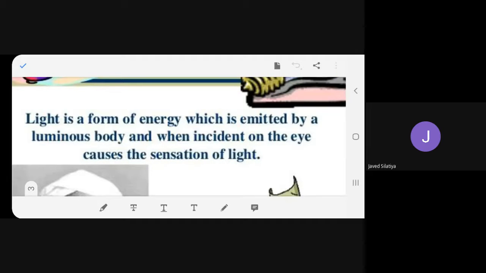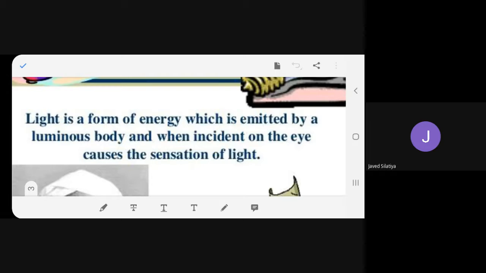Light is a form of energy which is emitted by a luminous body and, when incident on the eye, causes the sensation of light. Fine. It's a type of energy. You agree, beta? Light is a type of energy, don't you think so? So from where is it coming? From a shining body. What is a luminous body, beta? A shining body.